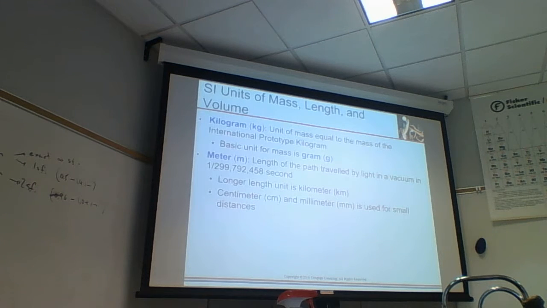And so we know that's the length light travels in that short of time. That's an extremely short time. That's a meter. But how is a kilogram defined? I don't really know, but if you wanted to know what exactly 1 kilogram is, where can you find it?